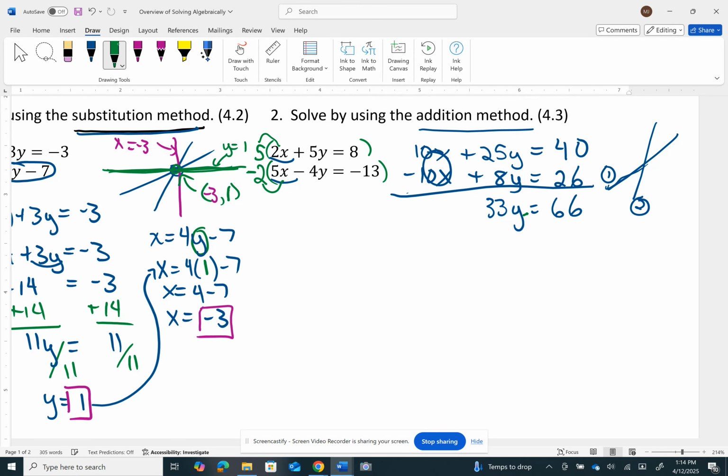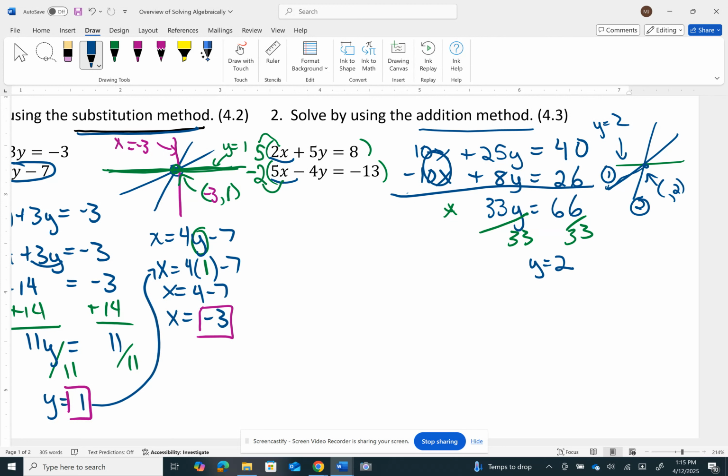So at that point right there, I have an equation that just has a y in it. So it's going to be a horizontal line. And I can divide by 33 to get that the horizontal line would be y equals 2. So this is y equals 2 right here. And that means I know the point of intersection has a 2 in the y spot.